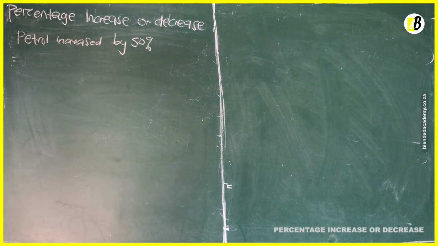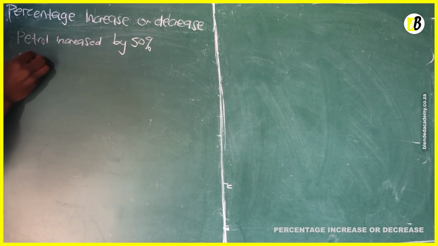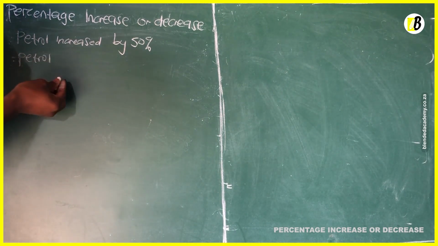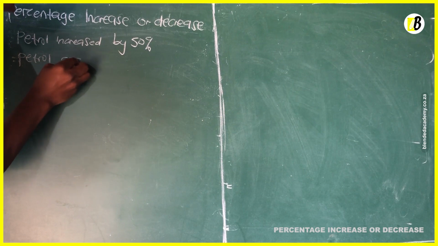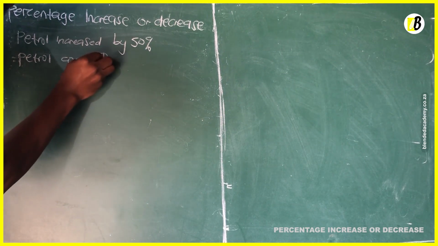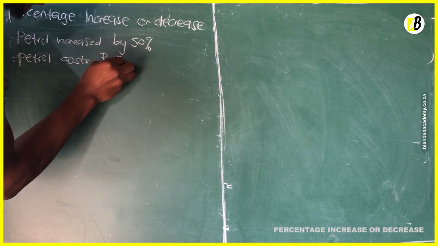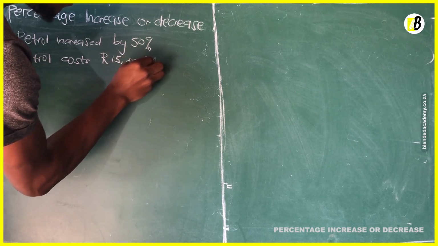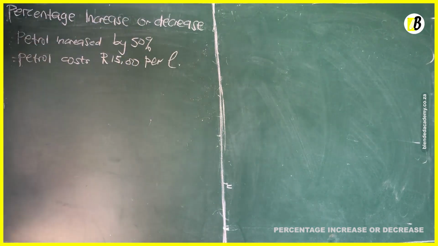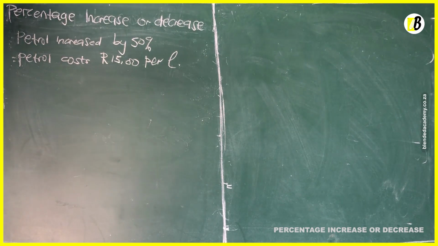And then you have to be given a value so that you can work that percentage out. So, let's say that petrol costs 15 Rand per liter, alright? So, this is just a typical example.